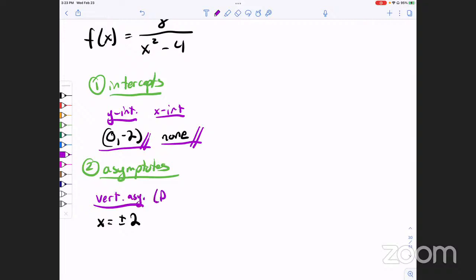And again, what we did was set the denominator equal to 0.